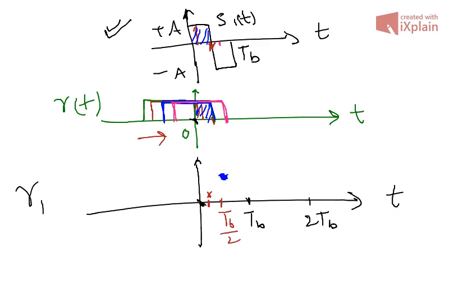Now if you observe in this instant, you have a positive value multiplied with a positive value, so the net result will be positive.